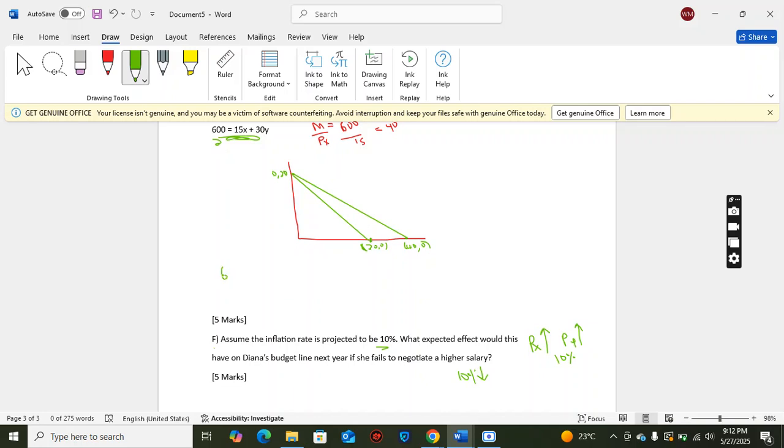When there's a percent reduction, it's just the amount multiplied by 1 minus R, where R is the inflation rate. So 600 times 1 minus 0.1, that is 0.9.